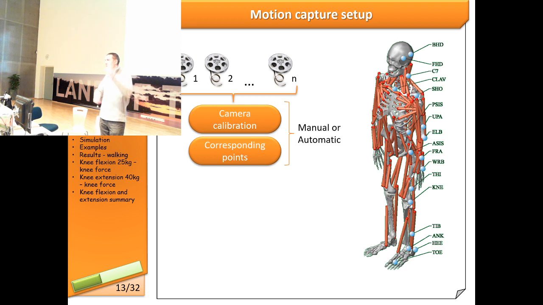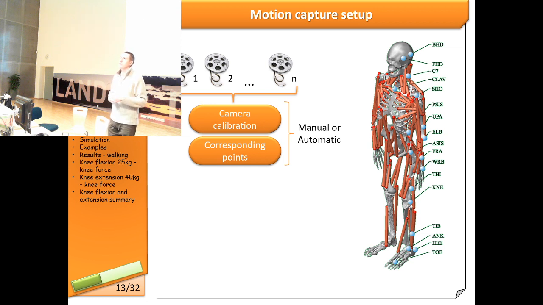So if you know where the point is located in the pixel coordinates on every camera, when it's located in a certain 3D location, then you can actually create matrices that you can multiply to get the transformation matrix between the camera coordinate system, so the screen coordinate system, and the coordinate system which you place somewhere in your laboratory where you're doing the experiment. And this can be done automatically or manually.